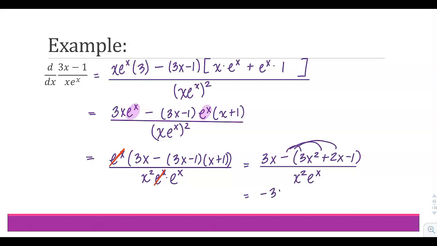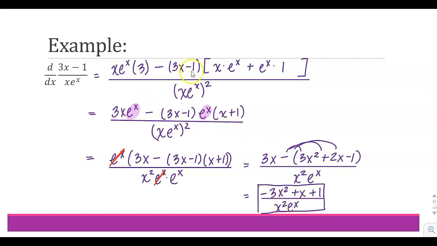So we'd end up with negative 3x squared plus x plus 1 all over x squared e to the x. And that's the best I can do. The numerator doesn't factor, so there's no potential for canceling anything in the numerator and denominator anymore.